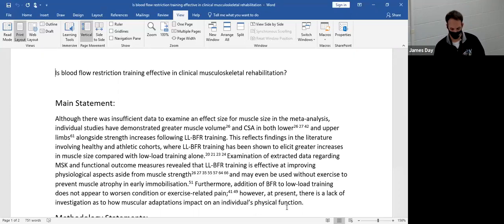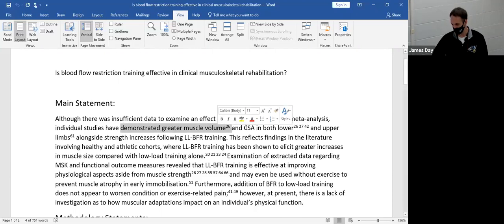So if you look at these, most of these now are going to be statements from the key points or application or findings from their annotated bibliography. Individuals demonstrated greater muscle volume. Boom, there's that study.